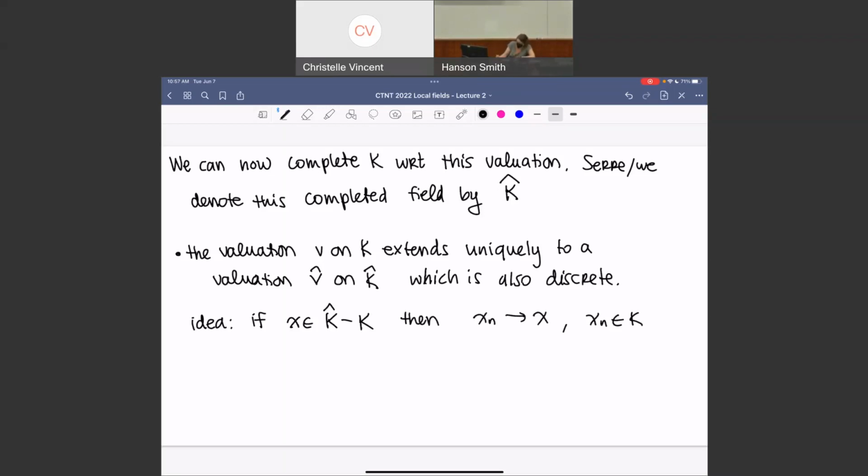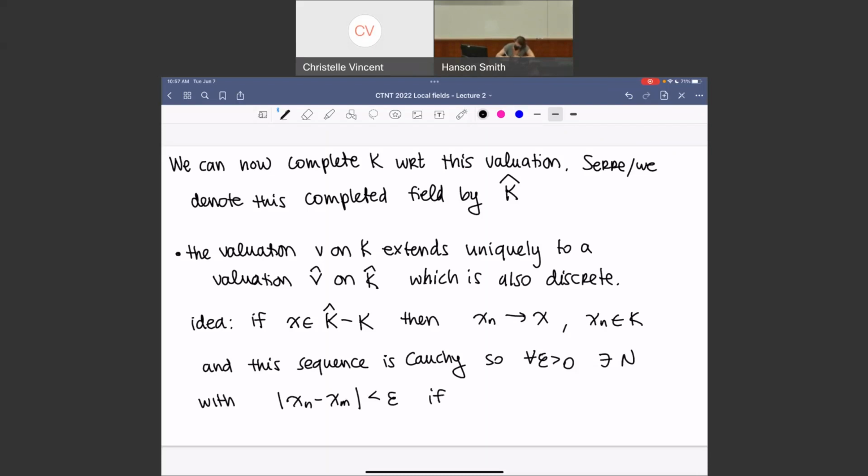The extra stuff comes from there. And this sequence is Cauchy. So for all epsilon greater than 0, there's n with the absolute value of xn minus xm less than epsilon if n, m are greater than n.